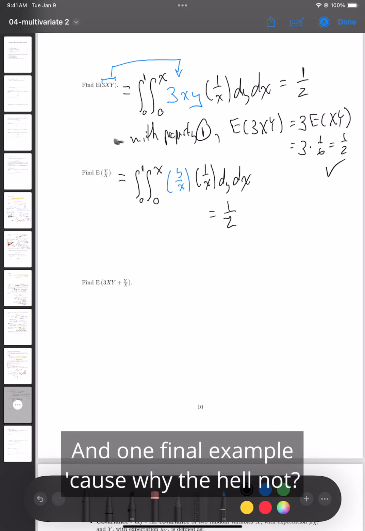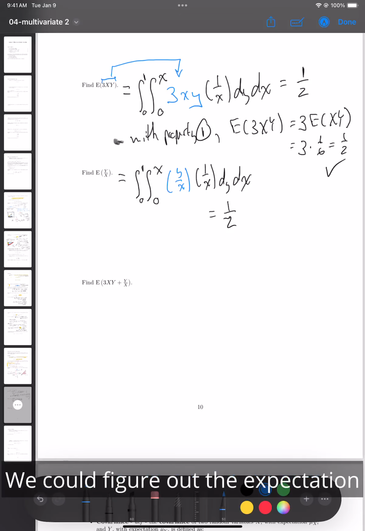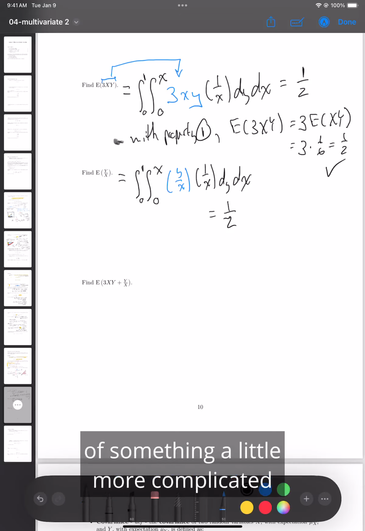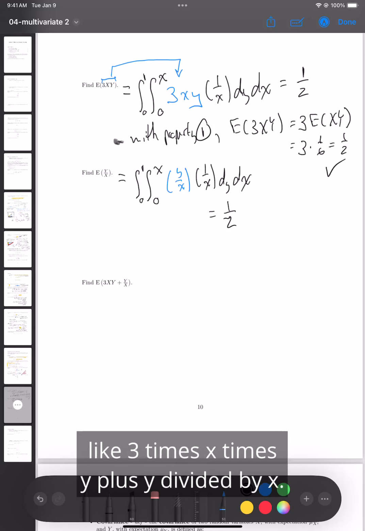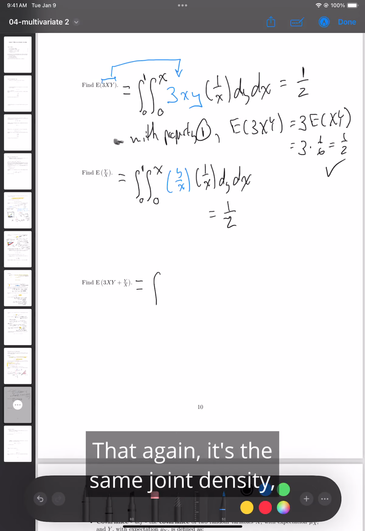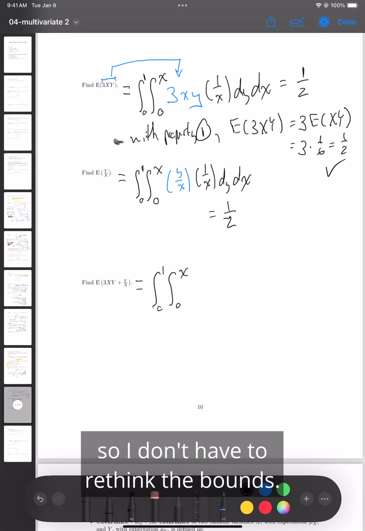And one final example, because why not? We could figure out the expectation of something a little more complicated, like 3 times X times Y plus Y divided by X. Again, it's the same joint density, so I don't have to rethink the bounds.